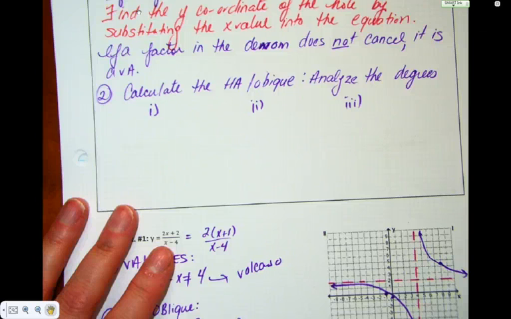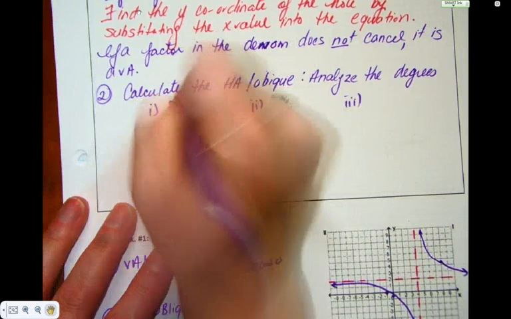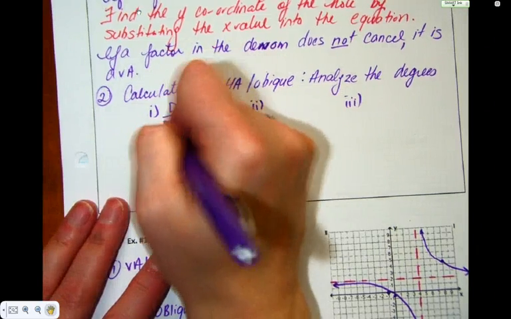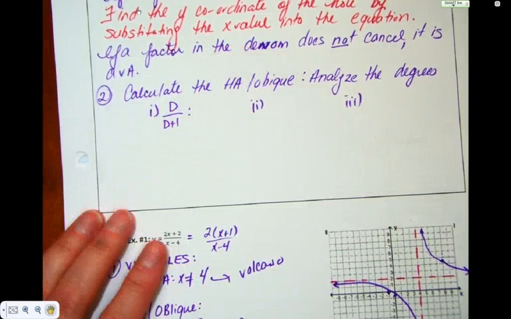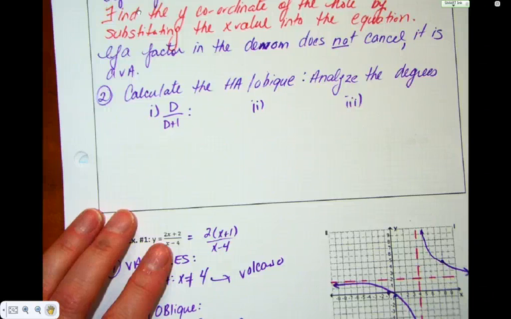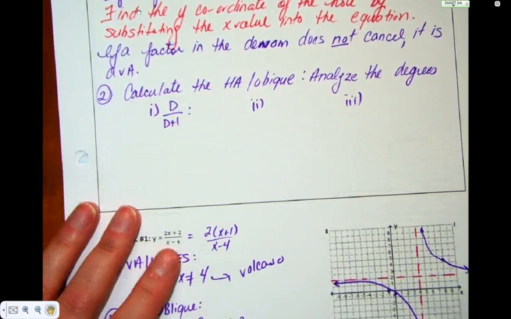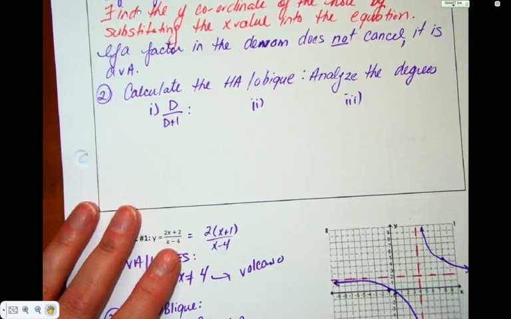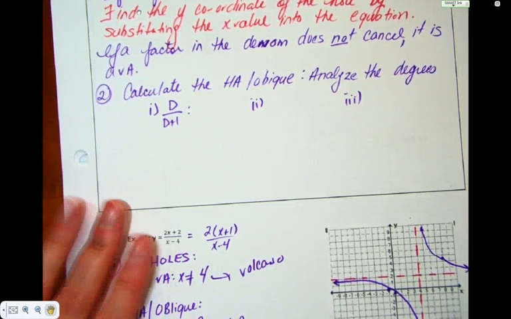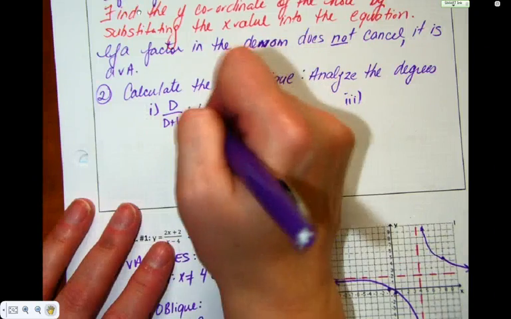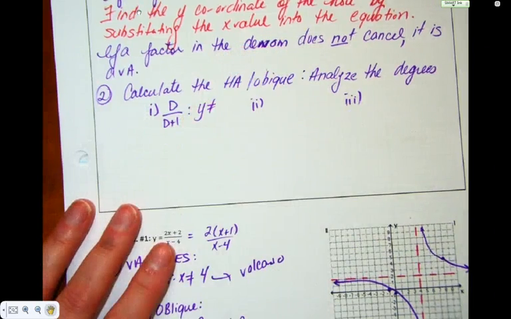Okay, which is d over d plus 1. Let's just finish this one off. What does that tell us if it's d over d plus 1? Horizontal at y cannot be 0.